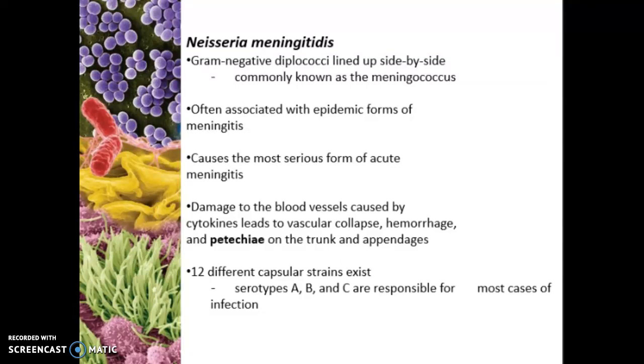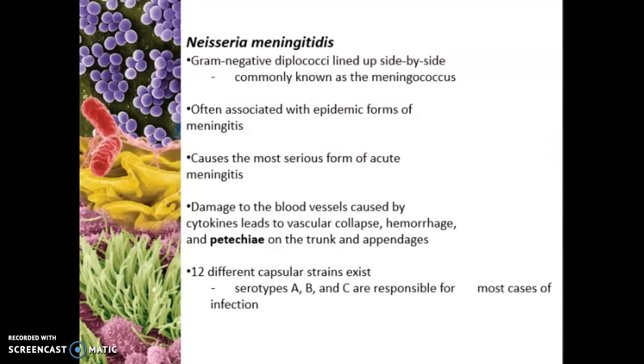And unfortunately, with Neisseria meningitidis, a person can go to bed thinking that they are just very sick, that maybe they have a severe case of influenza, and actually never wake up again. So this is one of the types of meningitis where a rash is seen, and this is where you would see petechia.